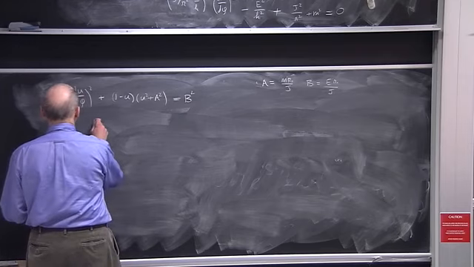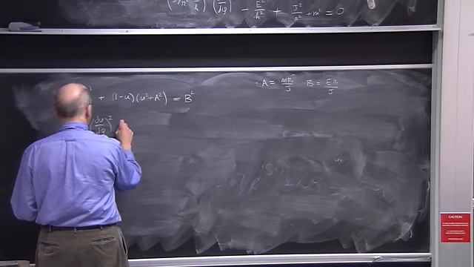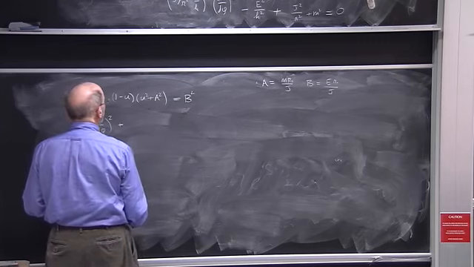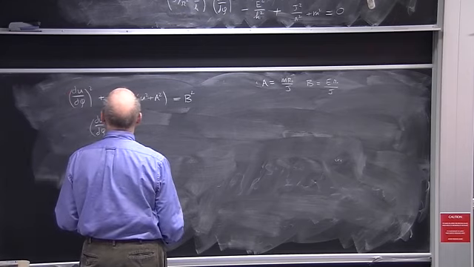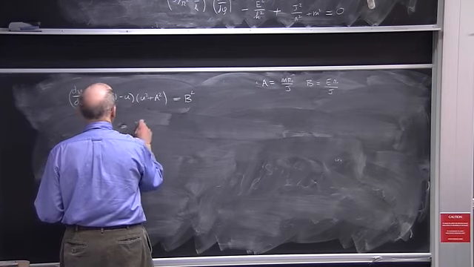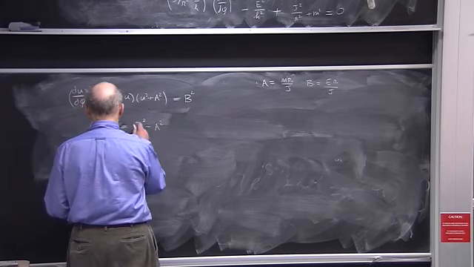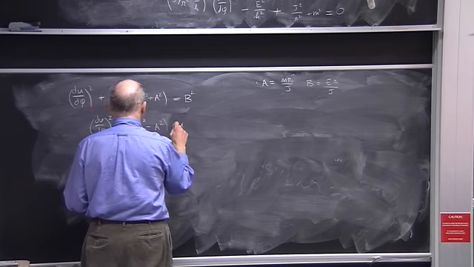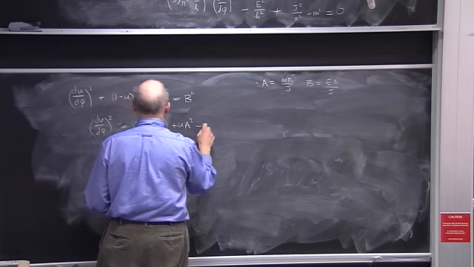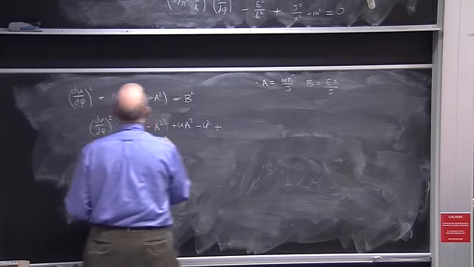It says that du d phi squared plus, just multiplying it out and rearranging, I want this on the right-hand side: b squared minus a squared plus u a squared minus u squared plus u cubed.